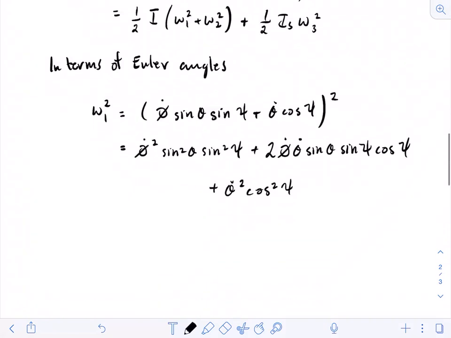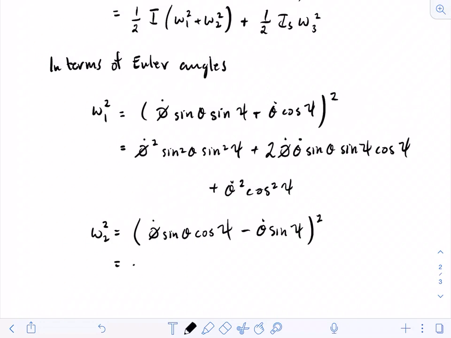Okay, we could do the same thing for omega 2. Well, first let's just write down omega 2 and then we'll square it. So omega 2 was phi dot sine theta cos psi, minus theta dot sine psi, and then we want to square that to construct our rotational kinetic energy.